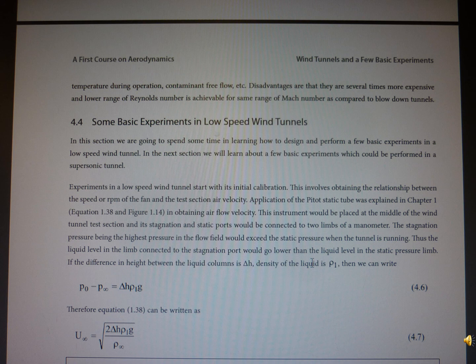Thus, the liquid in the limb connected to the stagnation port would go lower than the liquid level in the static pressure limb. If the difference in the height between the liquid columns is ΔH, and the density of the liquid is ρ_l, then we can write P0 minus P_s is equal to ΔH ρ_l g. Therefore, the equation can be written as U_s is equal to square root of 2 ΔH ρ_l g divided by ρ_a.